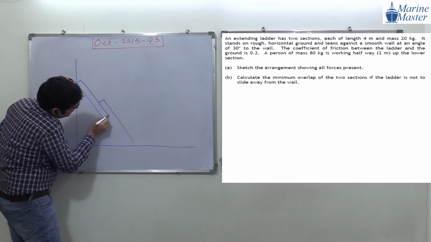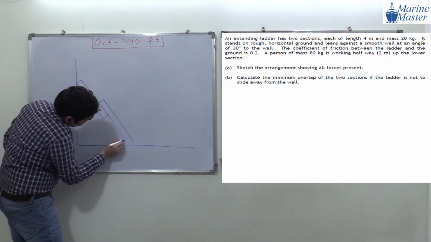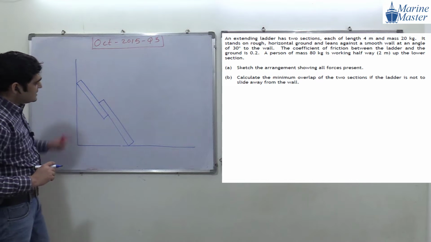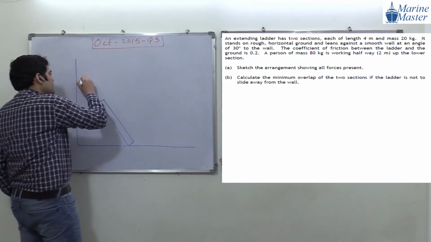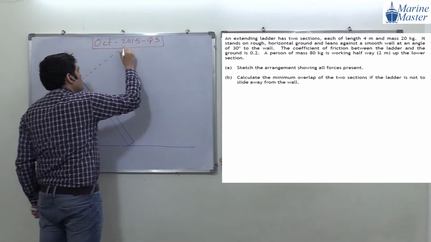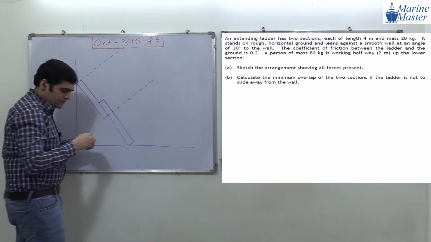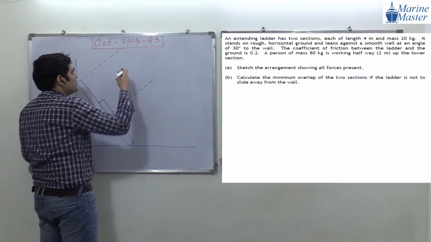Each section has a length of 4 meter. So this is one section. From this section, I am going to draw one dotted line. So what will be the length of this section?